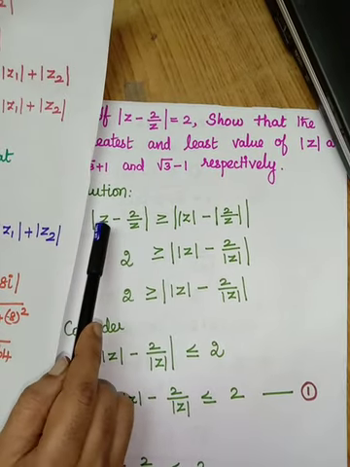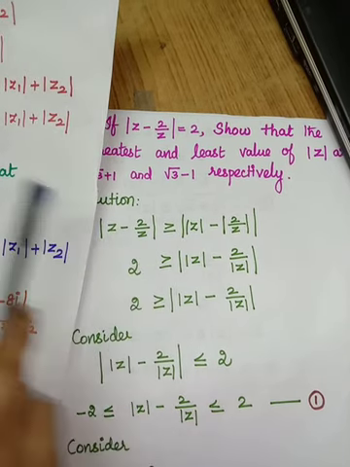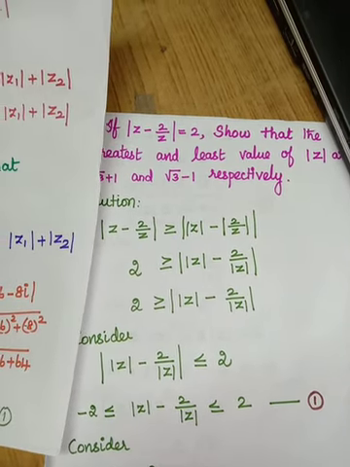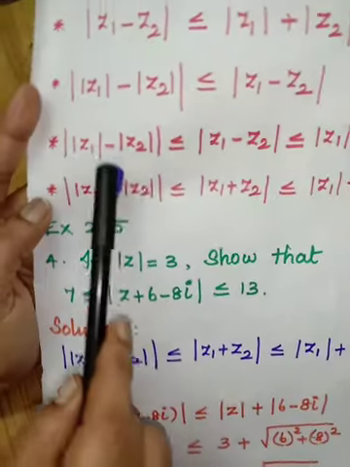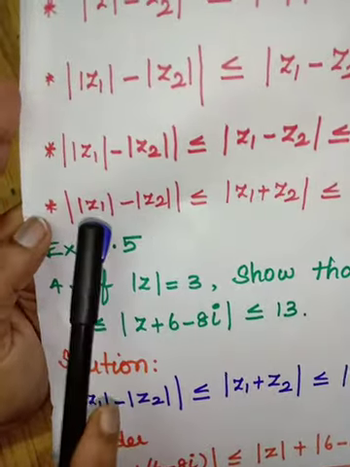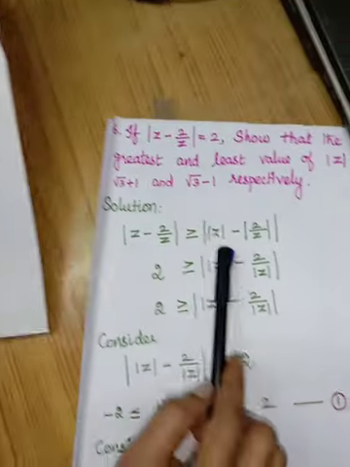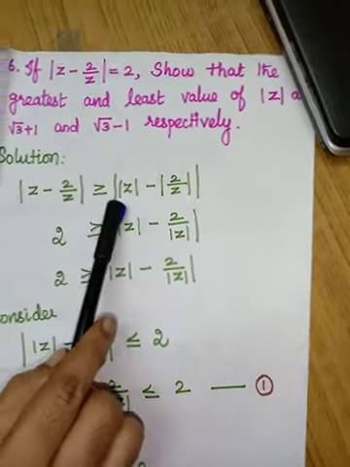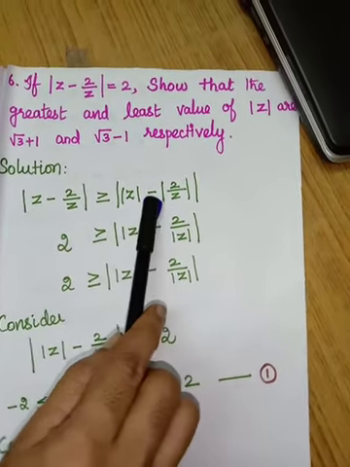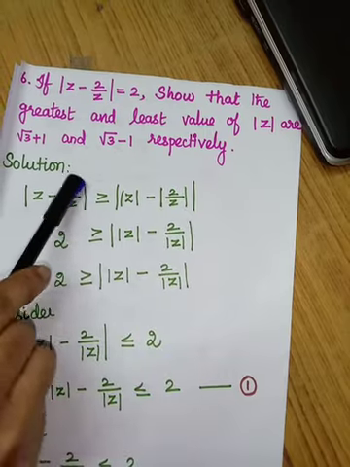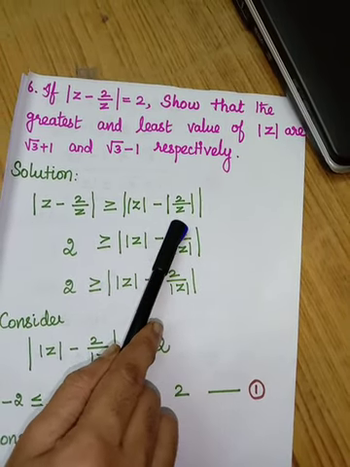This can be written as z plus minus 2 by z, which is greater than or equal to modulus of z1 minus modulus of z2. So here I have written modulus of z1, modulus of z, minus, and the second one, modulus of 2 by z.